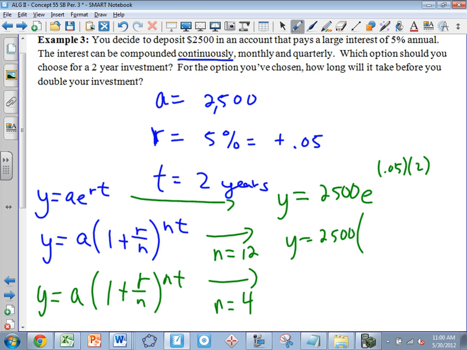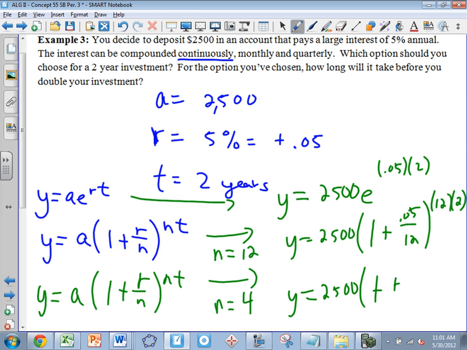Now, you've got to be careful, guys. A lot of calculator errors I see on this all the time. So just listen to what I'm going to say now. So that's for compounded monthly, and the only change you're going to see, and I'm going to make sure to emphasize this, I use a different color.